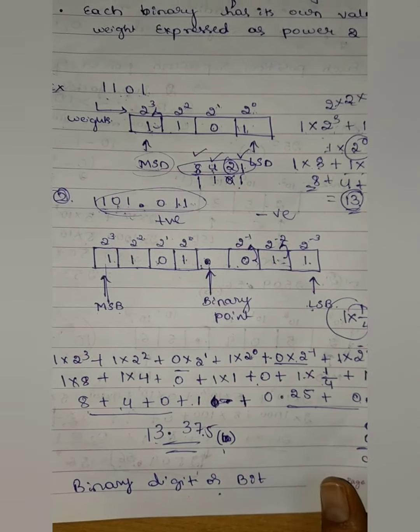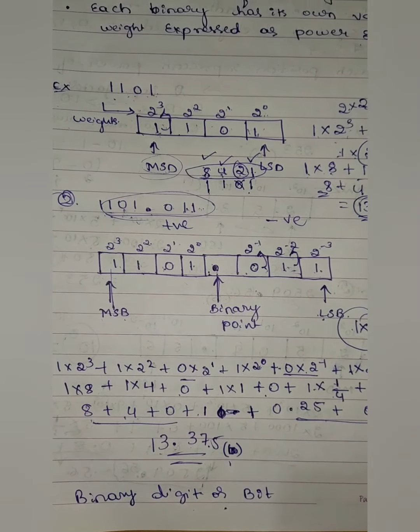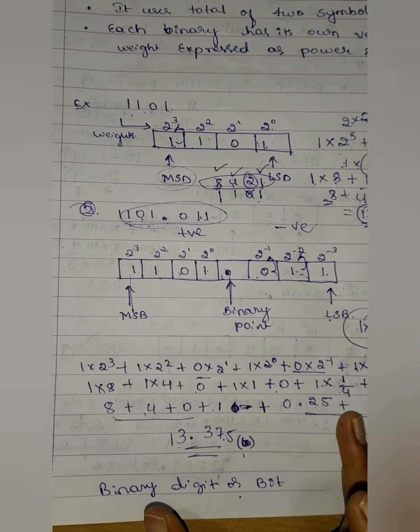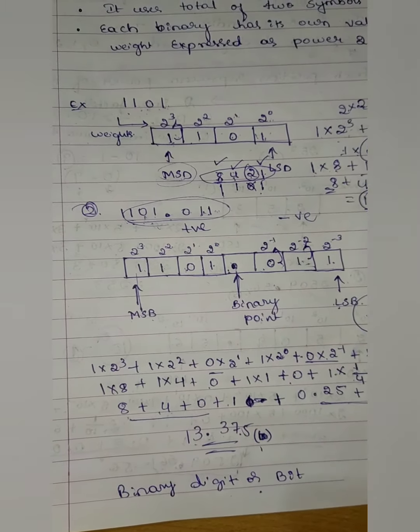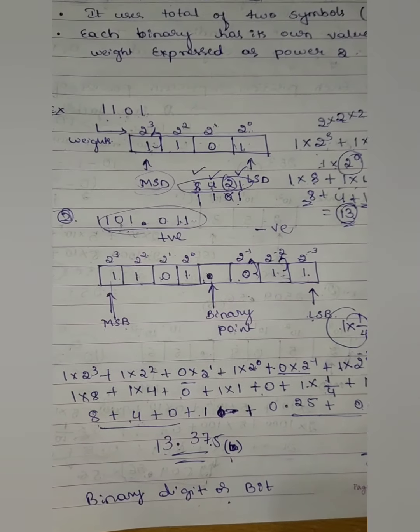That's why the use of the binary digit simplifies the design, reduces the cost, and also improves the reliability. So what are the advantages of the binary number system? It simplifies the design, reduces the cost, and also improves the reliability.